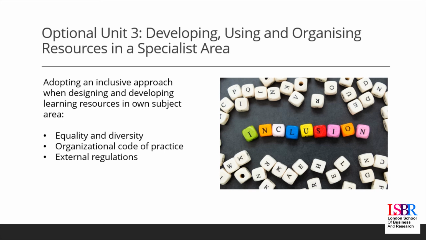This is the reason why I would suggest that you take both optional Unit 2 and 3 together as optional units, because Unit 2 is more theoretical and you're going to be learning some of the key factors and principles when it comes to developing resources, and Unit 3 will be much more relevant to your own area so that you can think of how you can apply what you have learned already. Okay, so let's move to Unit 4.